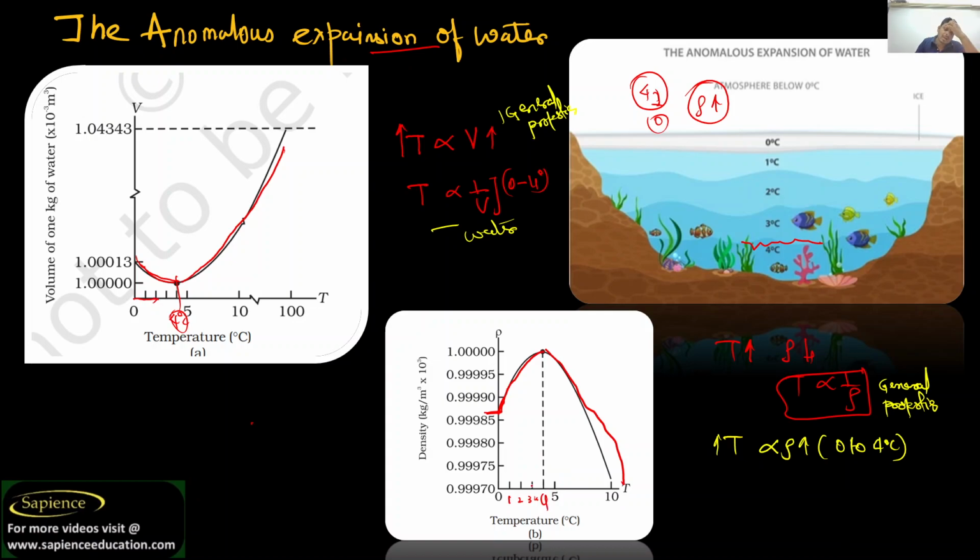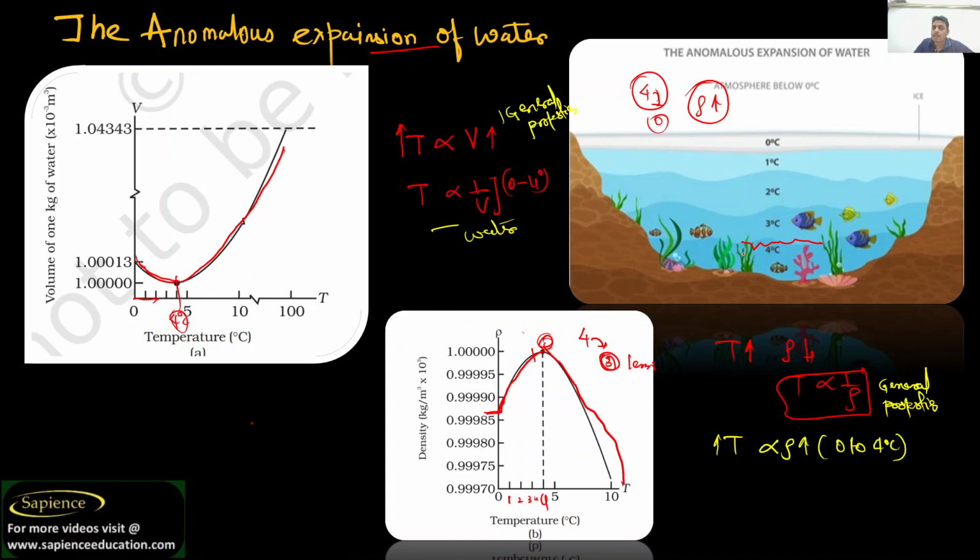As soon as the outside temperature becomes 4, what will happen? After that, as soon as the outside temperature reduces from 4 degrees Celsius to 3 degrees Celsius, the 3 degree water has less density.